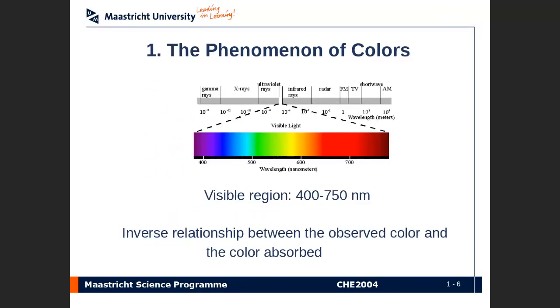So what gives something color? Well, as most of you probably know, the color that is emitted from an object is the inverse of what is absorbed, right? So if you see something that's orange, it doesn't mean it absorbs in the orange region of visible light.